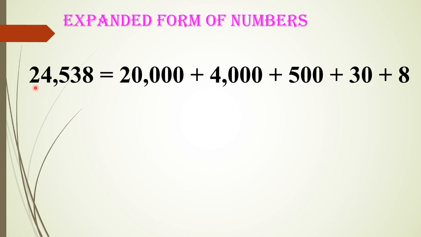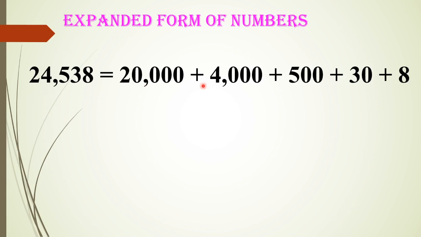Okay. So the first digit from the left hand side is 2. 2 is at 10,000 position. So what is the place value of this 2? Yes, 2 into 10,000, that means 20,000. This is the place value of this 2.